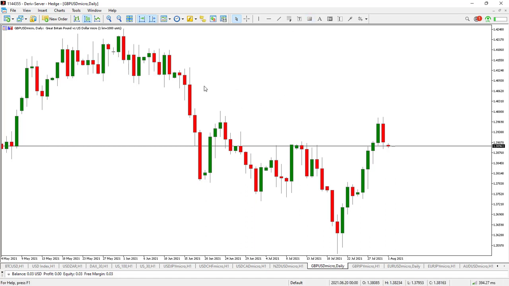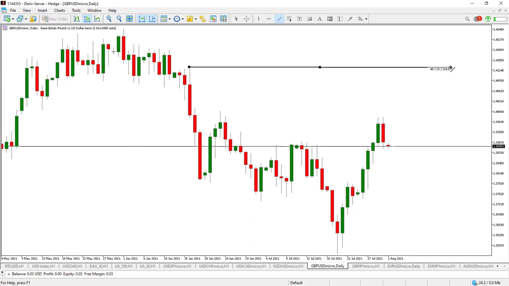Since I'm anticipating a bearish move on this pair, let's identify the closest 3-bar pattern around where the market is ranging, which is 1, 2, 3, and this is the high, and then we have this low where the market is now ranging.